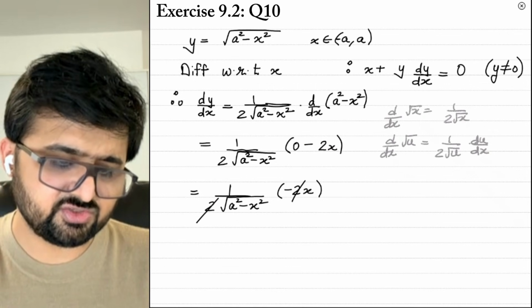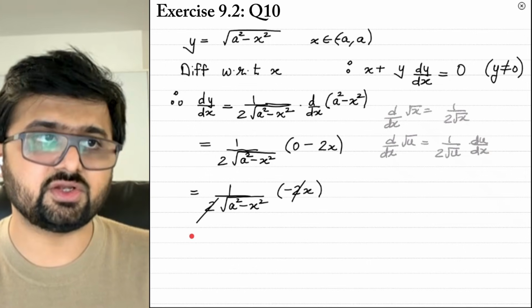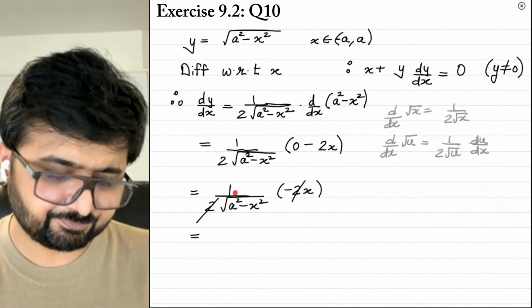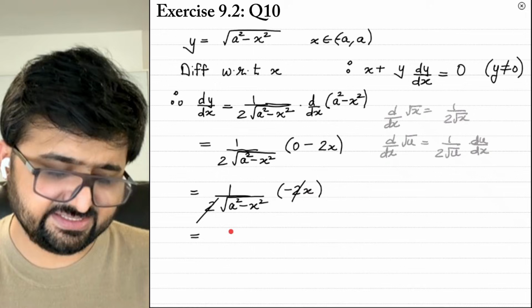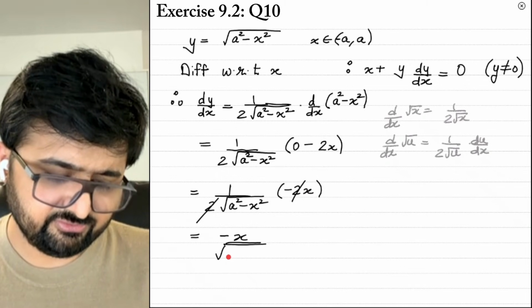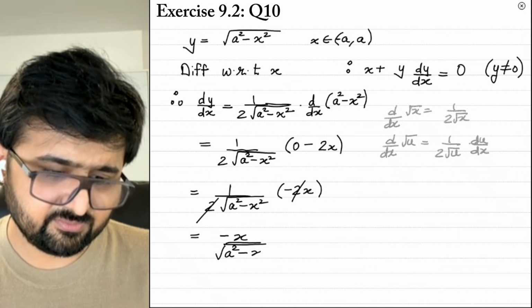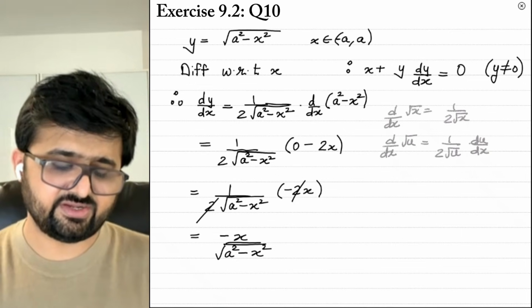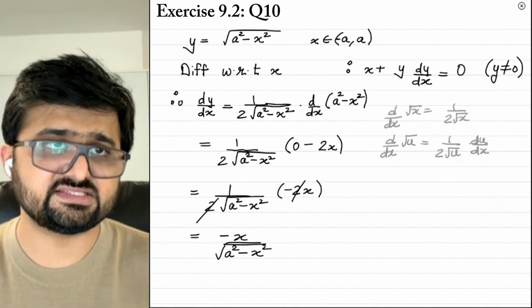Now this 2 and 2 will get cancelled in the numerator and the denominator, and you will be left with 1 times minus x, which is minus x upon square root of a square minus x square. Okay, I hope that makes sense so far.